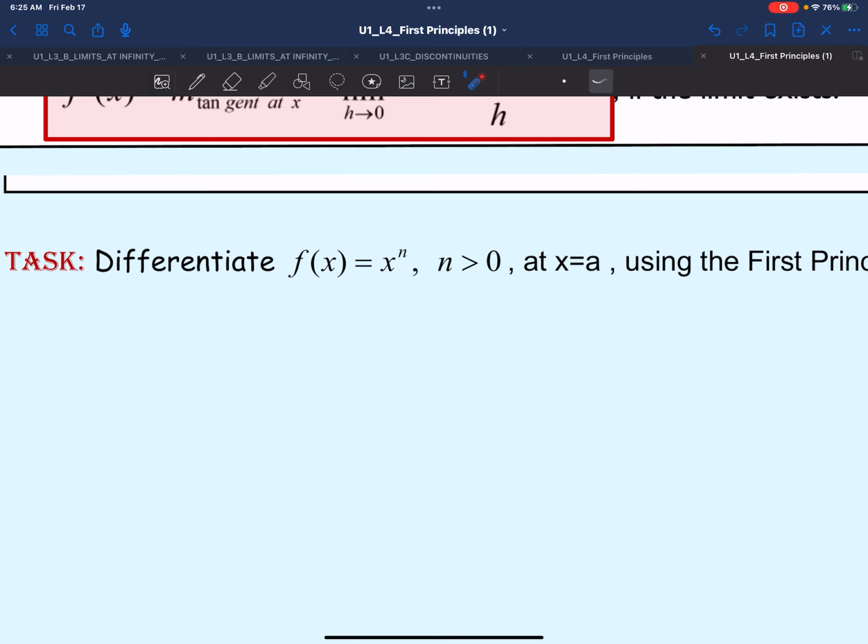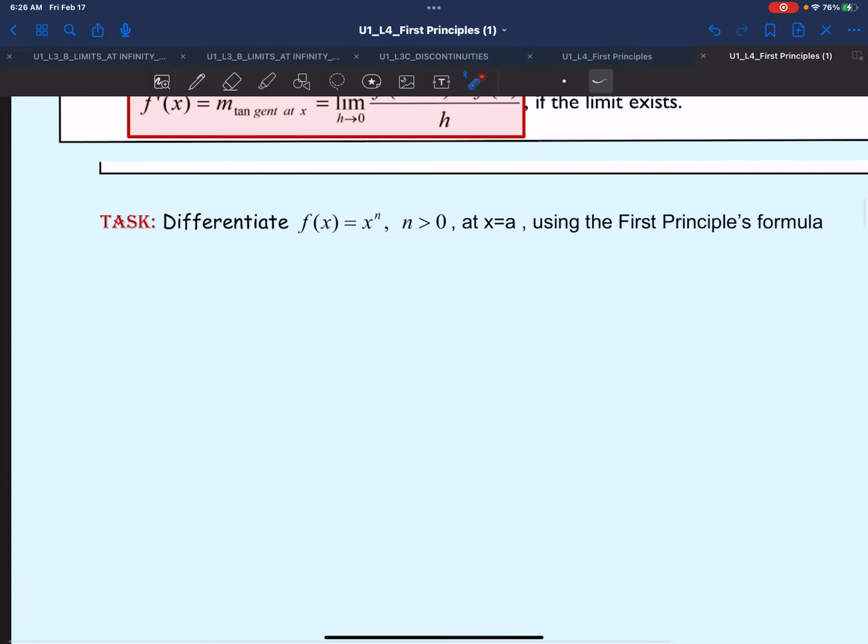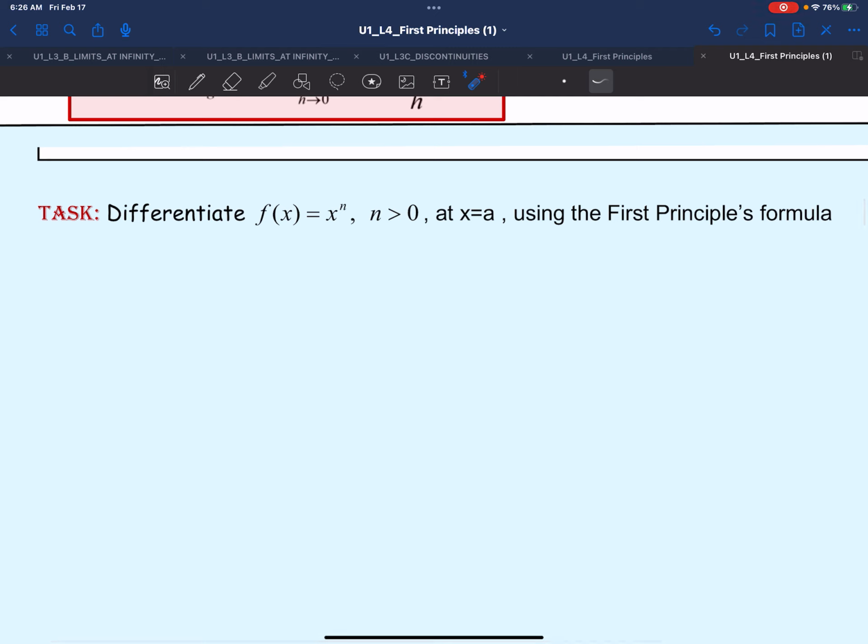Remember that polynomial functions are in the form f of x equals x to some power, and we can have more than one term, a lot of terms added or subtracted, and they all will look something like this. So let's get started with differentiating f of x equals x to the power of n.